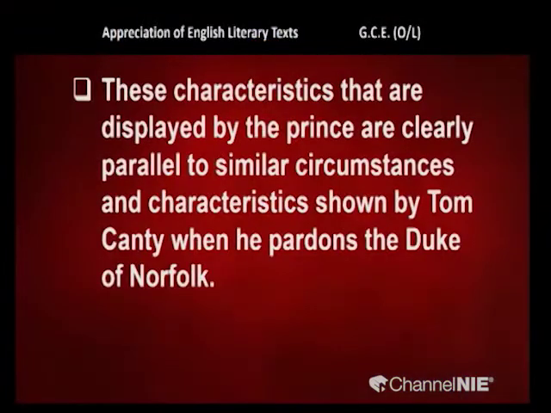These characteristics displayed by the prince clearly parallel similar circumstances and characteristics shown by Tom Canty when he pardons the Duke of Norfolk. So, you find a kind of parallelism between the prince and Tom Canty, with similar characteristics. The only difference is the dress.